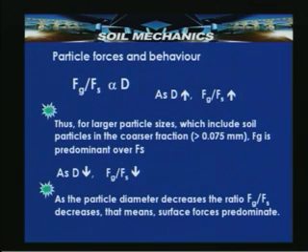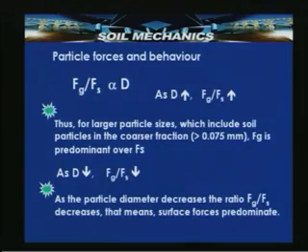So, if you see here, as the particle diameter increases, the ratio of Fg by Fs increases. Thus, for the larger particle sizes, which include soil particles in the coarser fraction, that is greater than 75 micron or 0.075 mm, Fg is predominant over Fs.